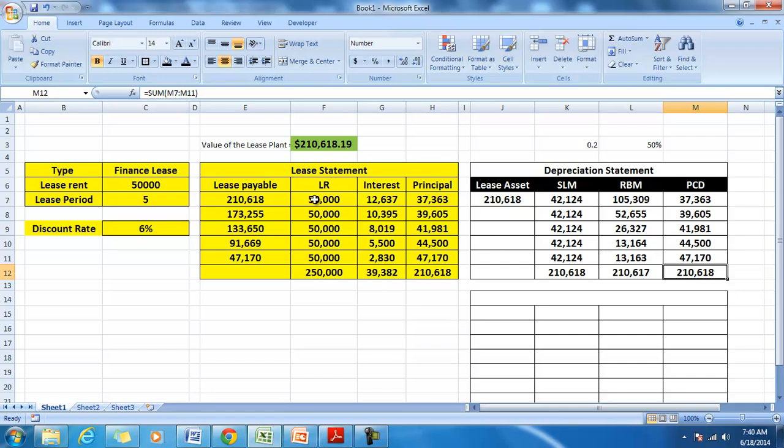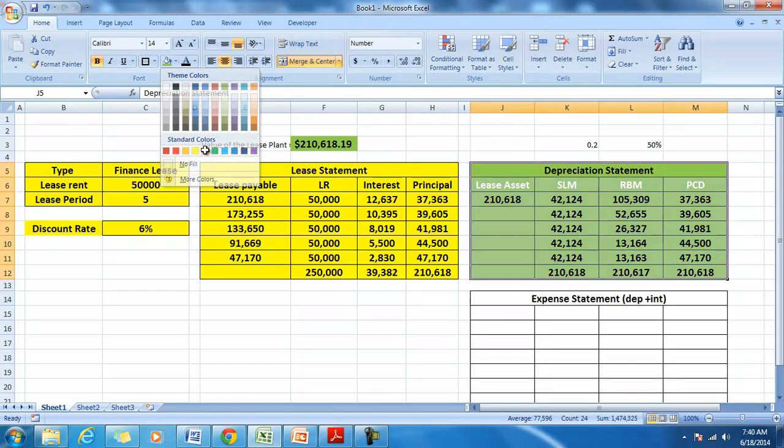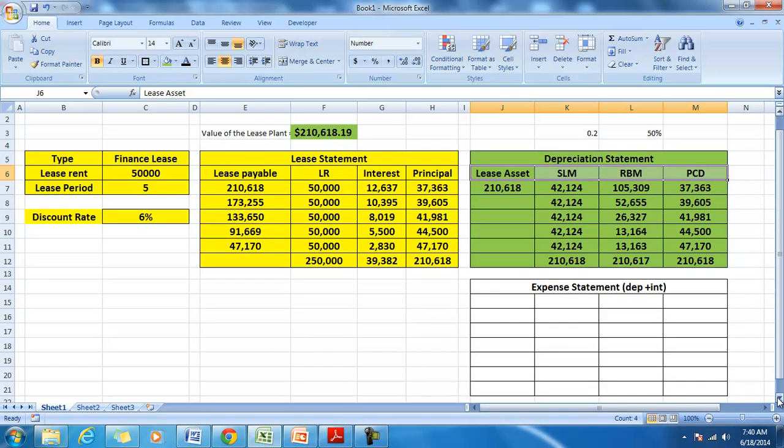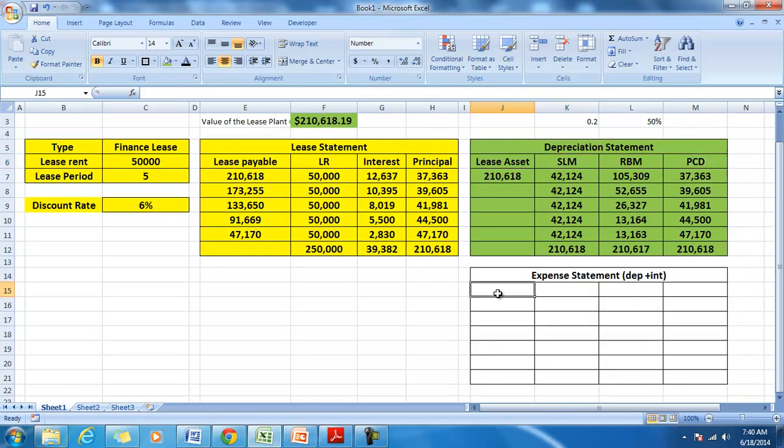Now let us observe that interest and depreciation is an expense for the period. If interest and depreciation is the expense for the period, we can see that the total depends on the method of depreciation that we have.